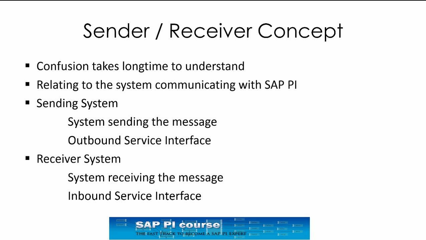The receiving system is the one that will receive the message at the end, and here we are creating a receiver communication channel for it. The service interface would be inbound, because it's being received inbound by the system. So it's a little complicated figuring out how these systems work and what you're dealing with.